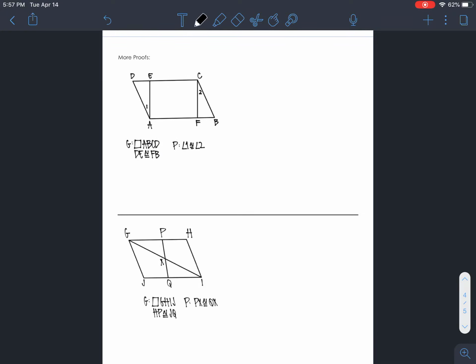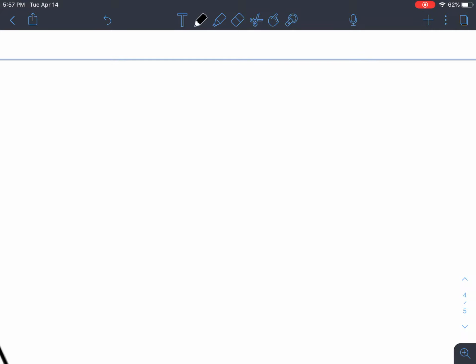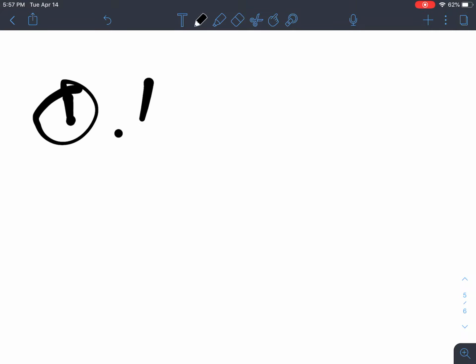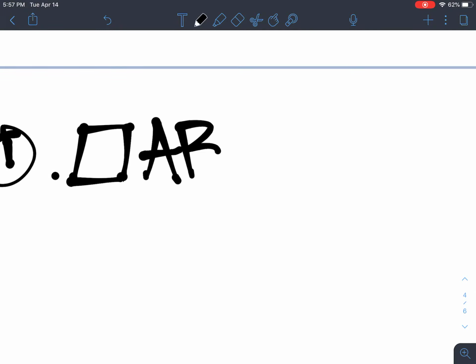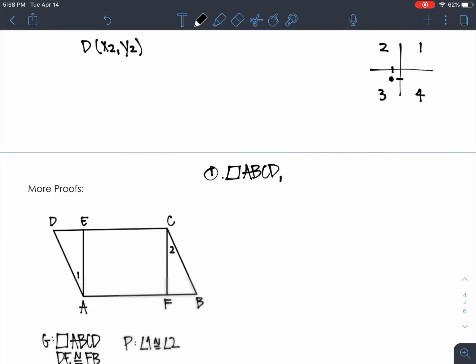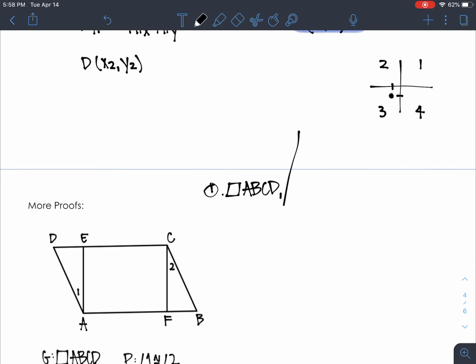Okay. So once again, we are given, it doesn't look like a lot, but we're given parallelogram ABCD. We're also given that DE is congruent to FB.